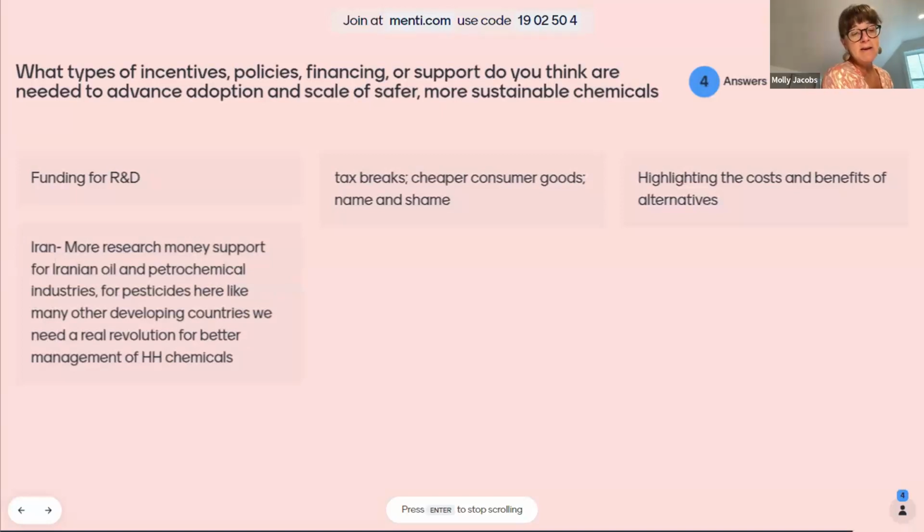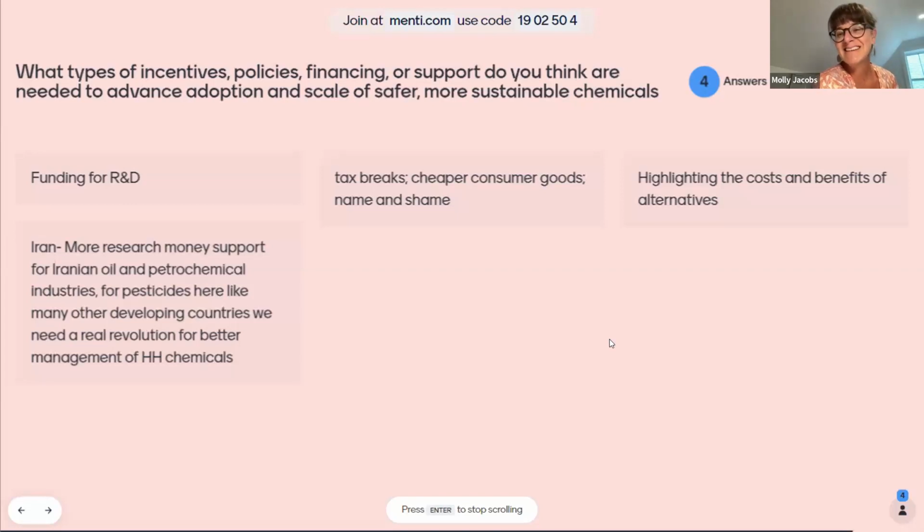Joel, I'm looking at answers to the poll question here, and lots mirror what you just said about Daniel Slunga's work in Africa, looking for a range of policy incentives, from R&D support to tax breaks.